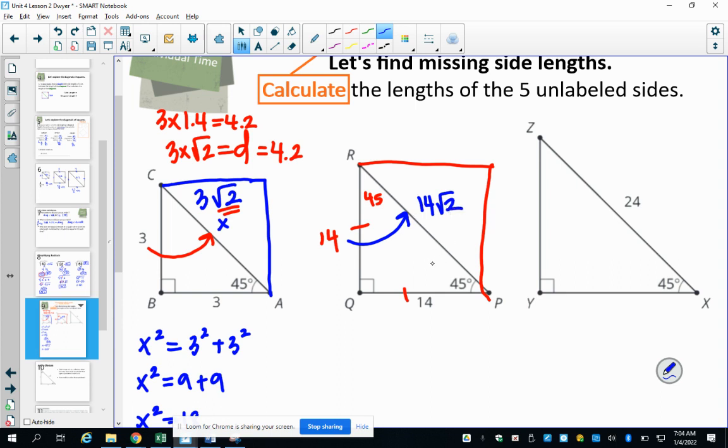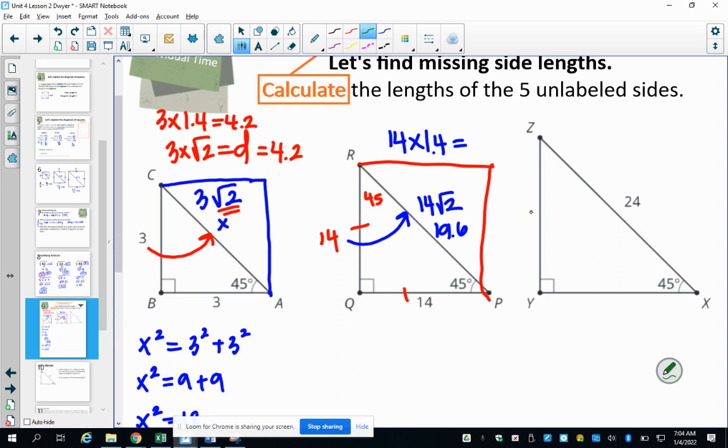So 14 square root 2. Or square root 2 is about 1.4. So if we did 14 times 1.4, you could get an approximate number of 19.6. So this is about 19.6.